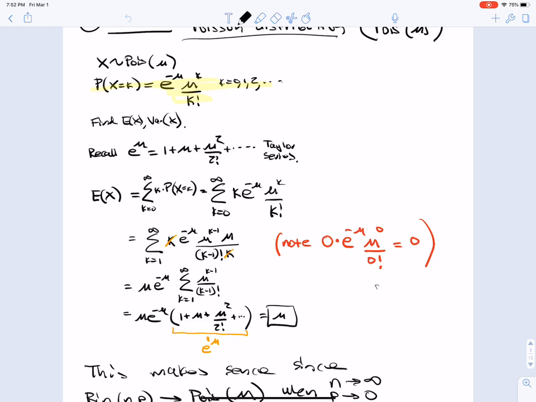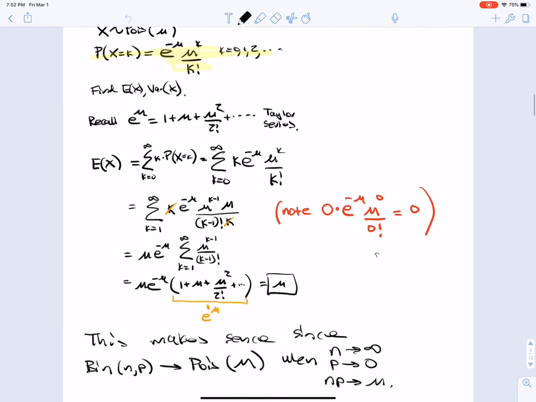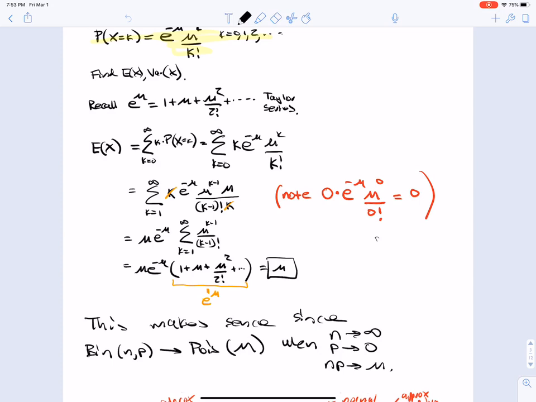Then we can write k factorial as k times k minus 1 factorial. Then the k's cancel, and you can also pull out everything that doesn't have a k in it, in other words, mu e to the minus mu. And you get an expression that is precisely the Taylor series for e to the mu. So we have mu e to the minus mu times e to the mu, which is mu.